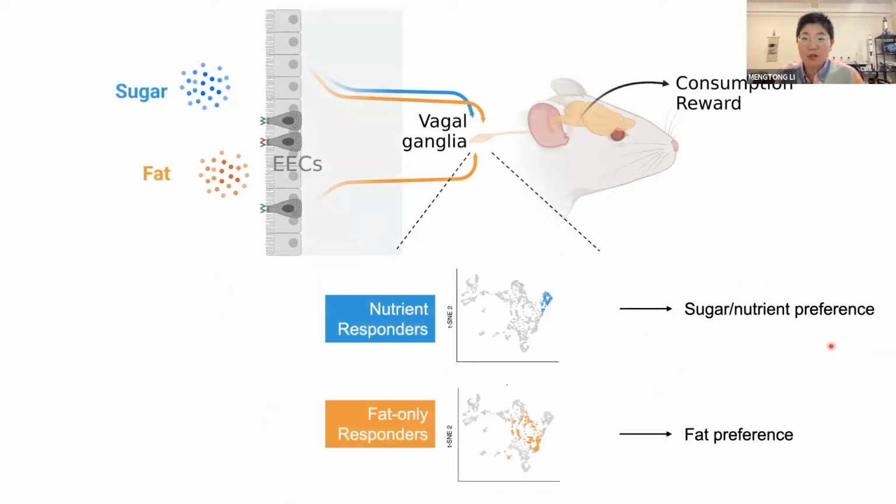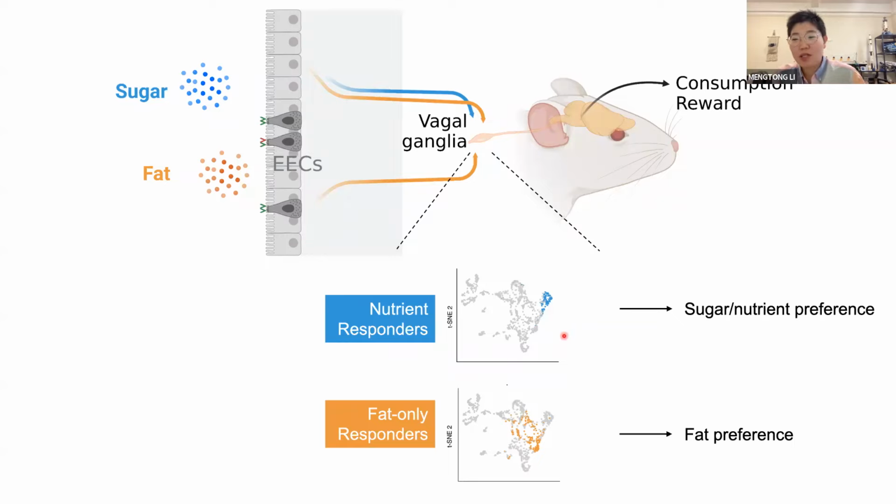So taken together, sugar and fat, these two indispensable nutrients, rely on different receptors and cells, but use a dedicated gut-to-brain system to detect and report the presence of intestinal sugar and fat to the brain. We uncovered these two parallel systems, one functioning as a general sensor, driving the sugar and nutrient preference.